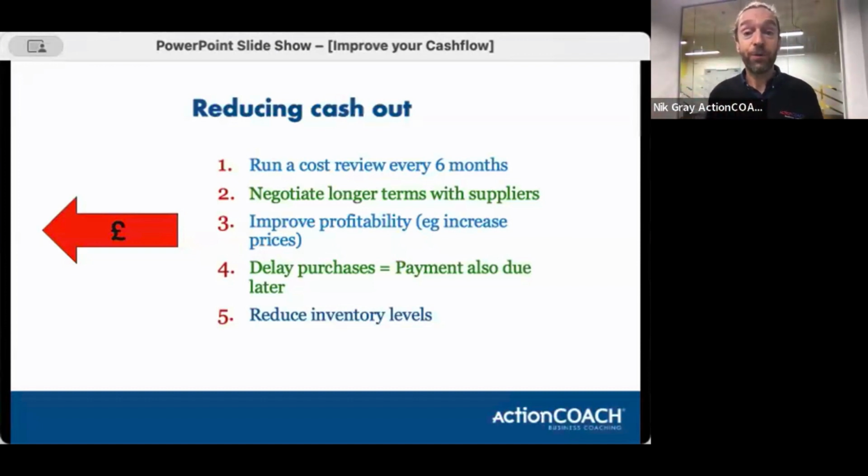So quite often we find that if we manage these purchases, we don't quite need them right now. Or we might even be able to have a conversation with the supplier to delay the initial payment. And reducing inventory levels. Fairly straightforward, but have we got a good stock control system around the inventory levels? Are we reviewing just what it is that we're buying each time?